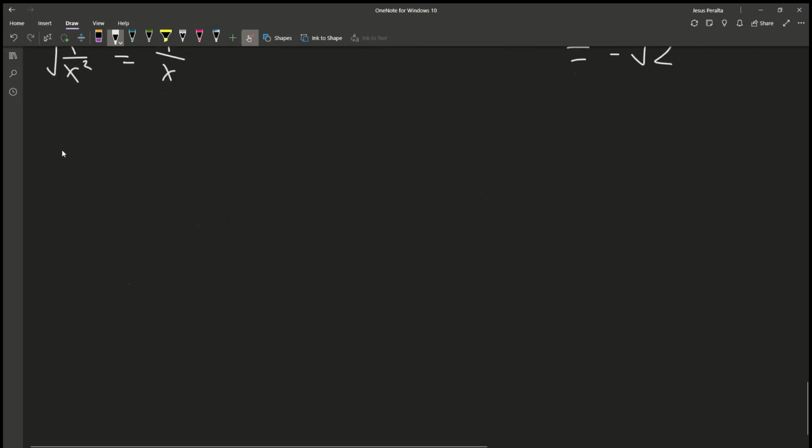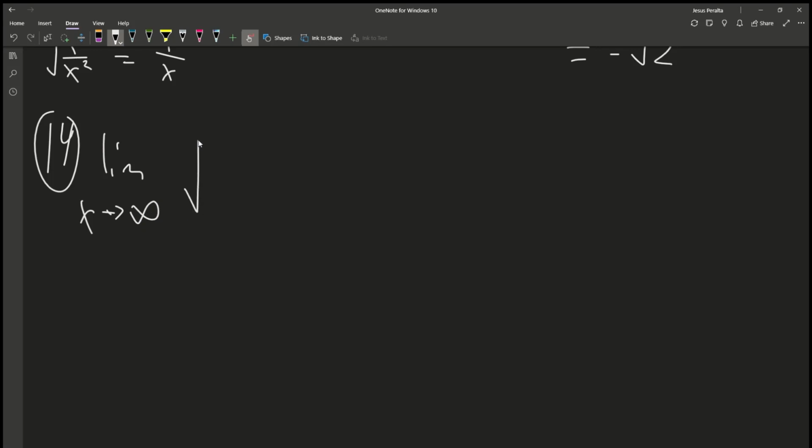So then for number 14, we are going to have the limit as x approaches infinity of square root of x squared plus 4 over 3x squared plus 3.